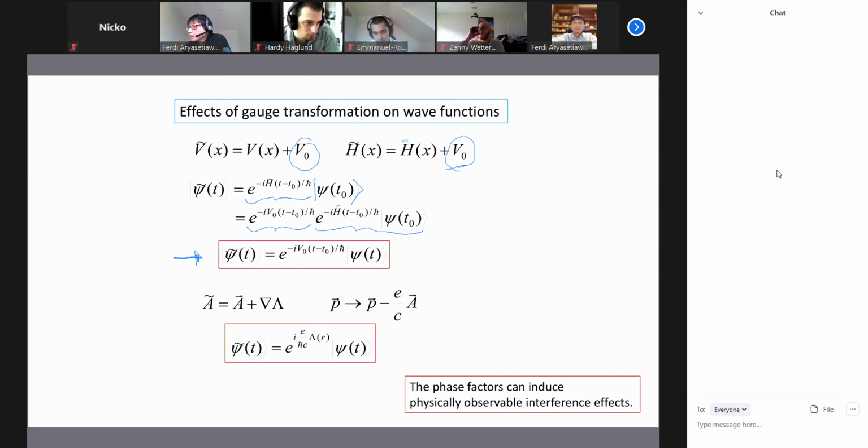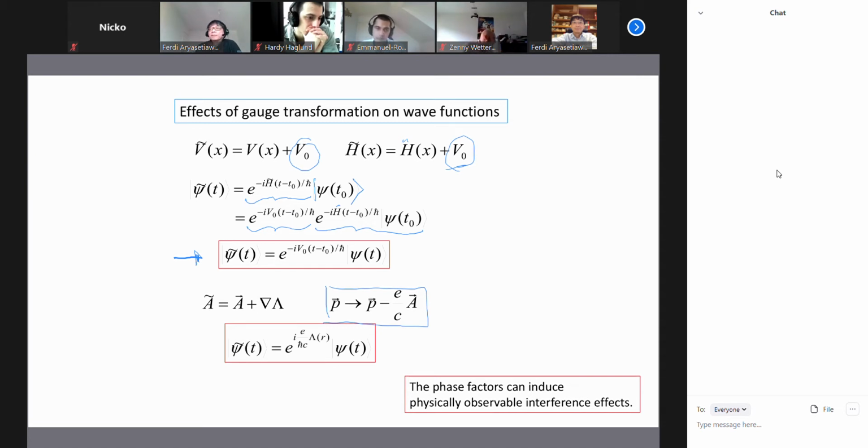More interesting, however, is when we consider a change in the vector potential. So we make a gauge transformation on the vector potential. Then things are a bit more complicated. First of all, when we have a charged particle moving in the electric field and the magnetic field, we have to change the momentum from P to P minus eA divided by c.